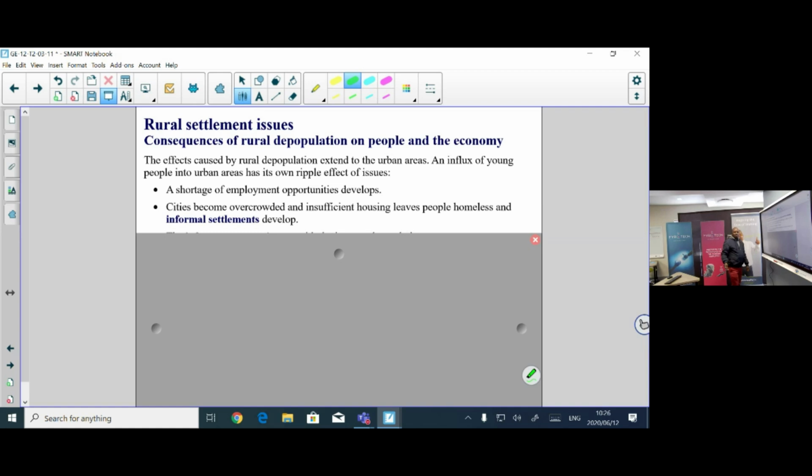Then cities become overcrowded and insufficient housing leaves homeless and informal settlements to develop. This is a trend, a phenomenon that you know around your cities where you are. The informal settlements where people suffer because there is no electricity sometimes, and there is also a problem of poor housing.